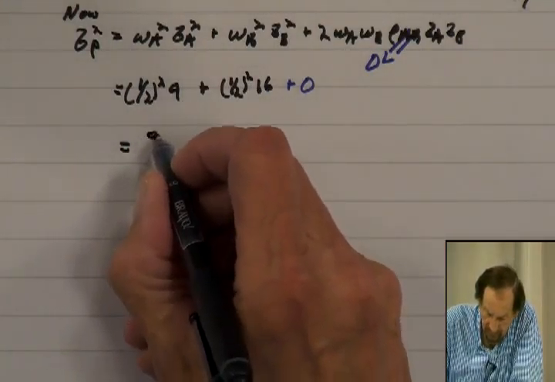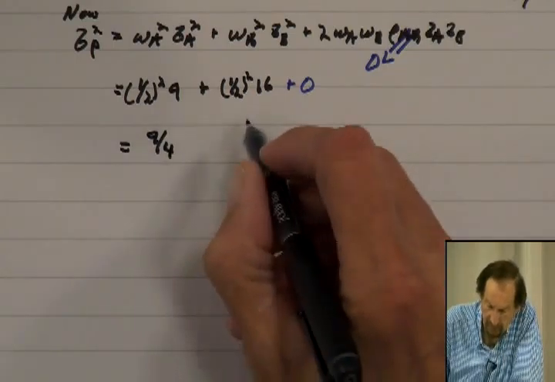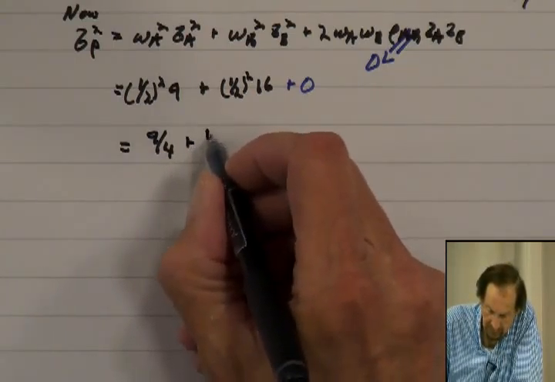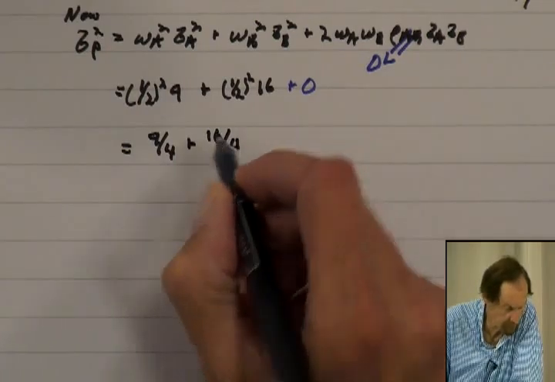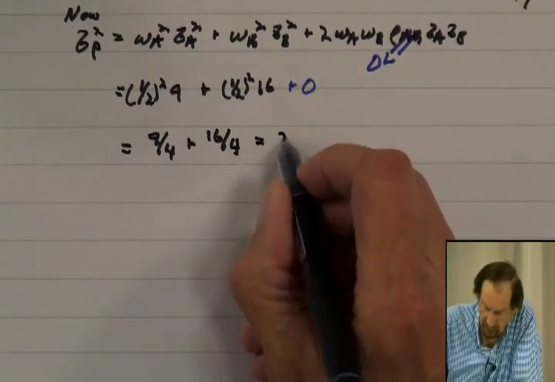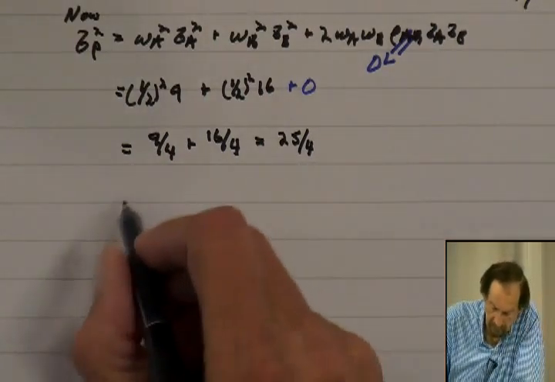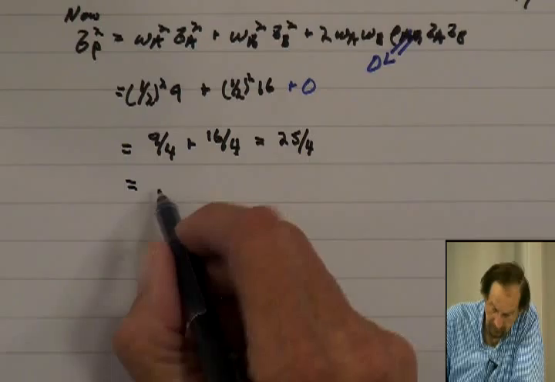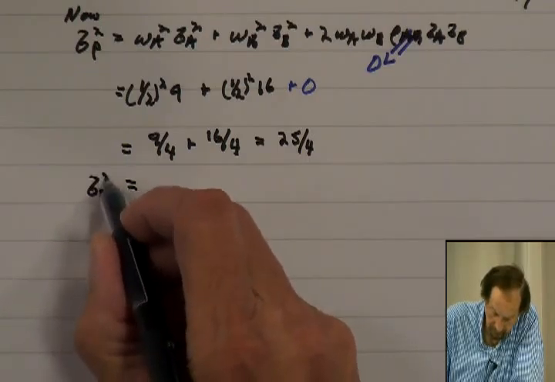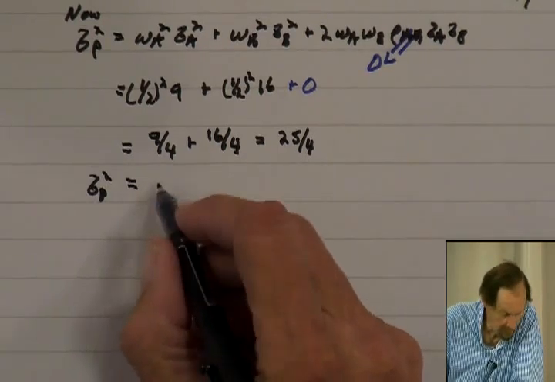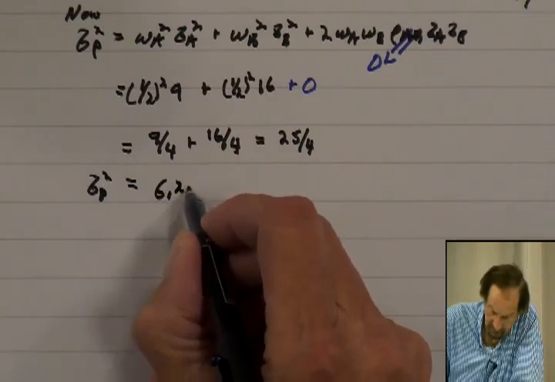So this equals 9/4 plus 16/4 equals 25/4, which equals 6.25.